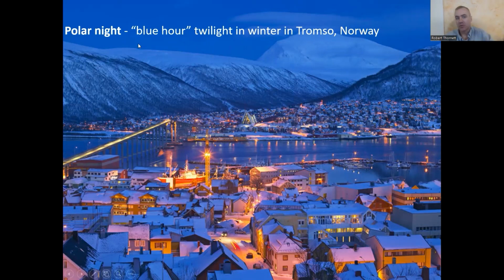It's called the blue hour. And this is the time when, if you have things to do in Tromsø, this might be like 4 or 5 hours of the day where you have natural light, and you would take advantage of that to run your errands and do your thing. If the sun never comes up during the day, there might be just a little window in the middle of the day when you could have this blue hour.